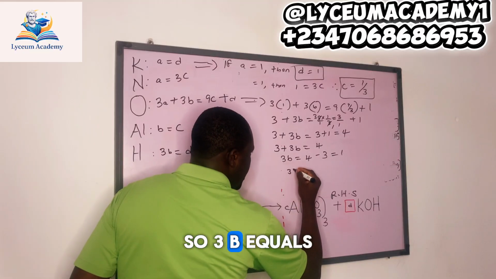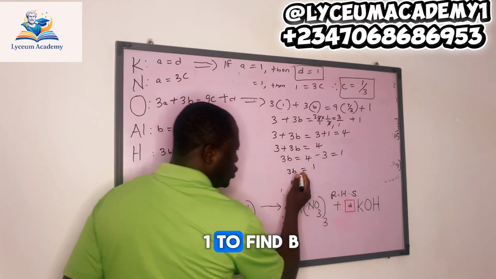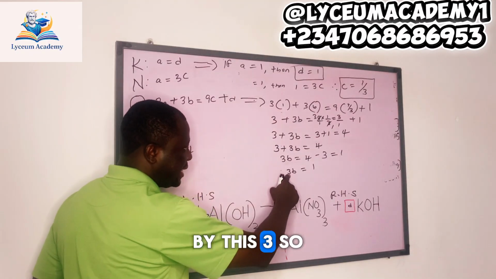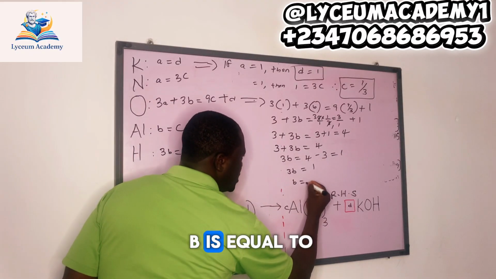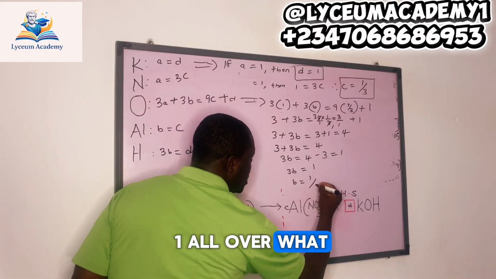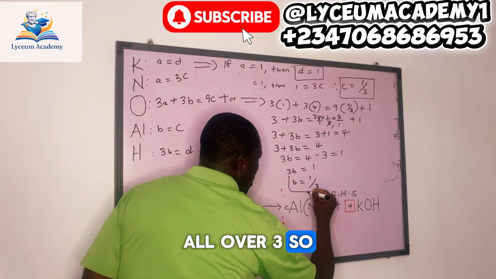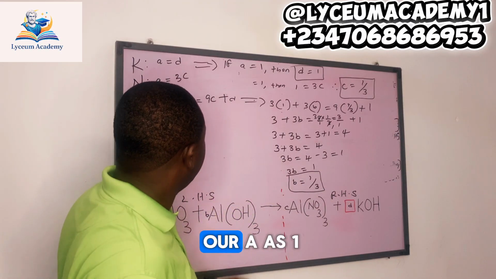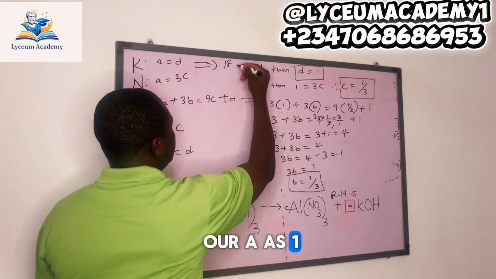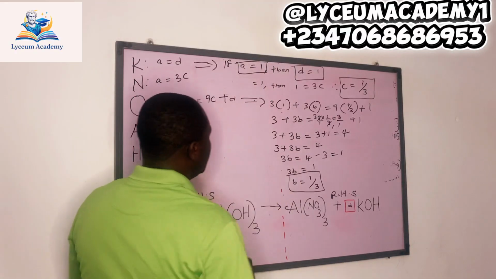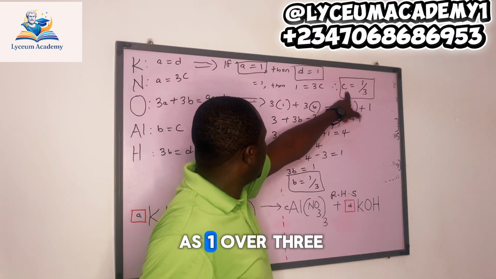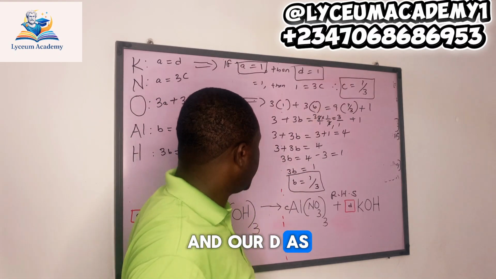So 3B equals 1. To find B, we divide both sides by 3. So B is equal to 1 all over 3. So we have gotten our A as 1, our B as 1 over 3, our C as 1 over 3, and our D as 1.